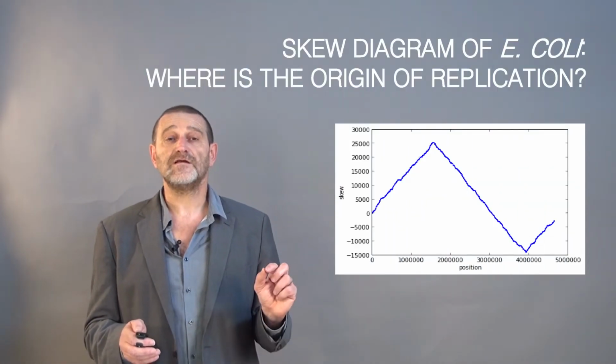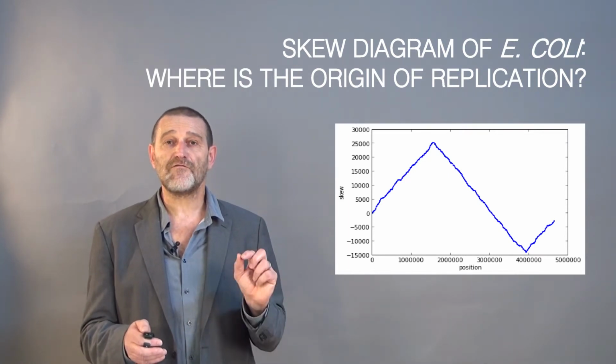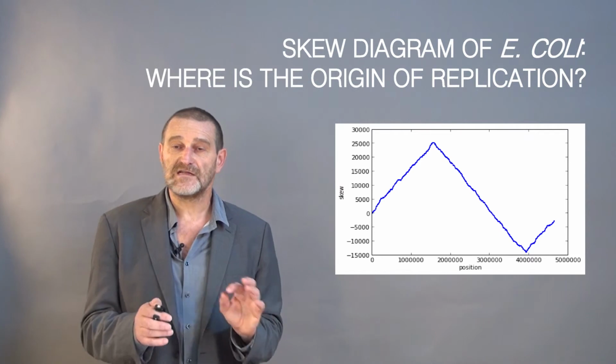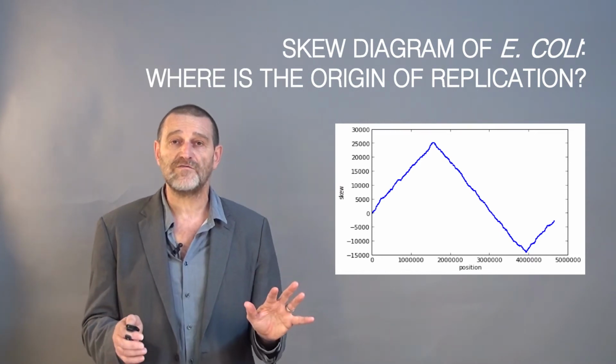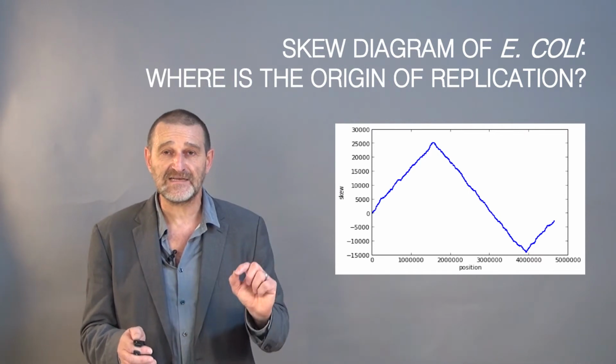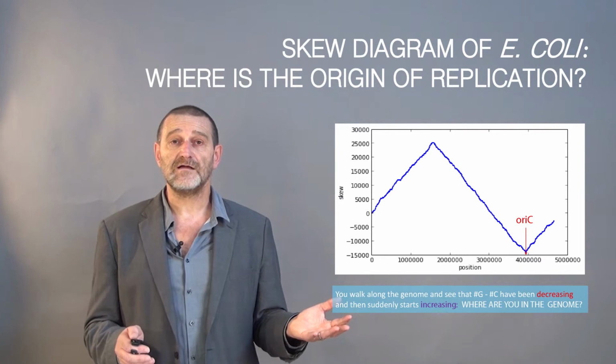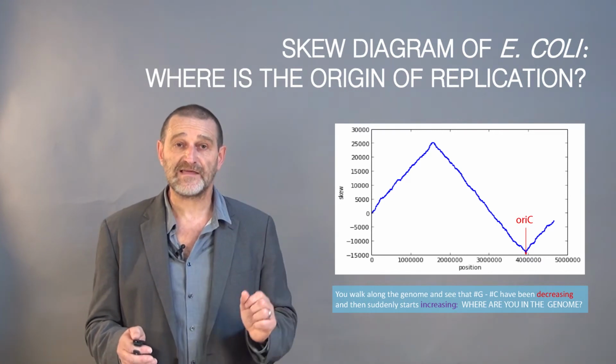It looks beautiful. Where do you think is the origin of replication in E. coli? Something that we almost had no hope to find. Of course, it's at the point where it was decreasing and then suddenly starts increasing, which is here. We found the replication origin in E. coli.